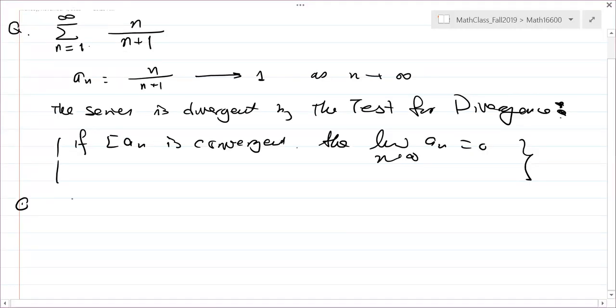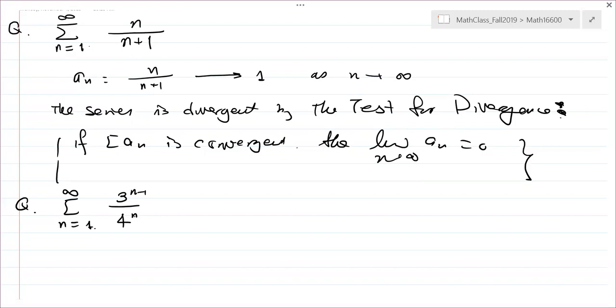The second one is going to be the sum of 3 to the power n minus 1 over 4 to the n. The question is, is it convergent or divergent? Prove your claim.